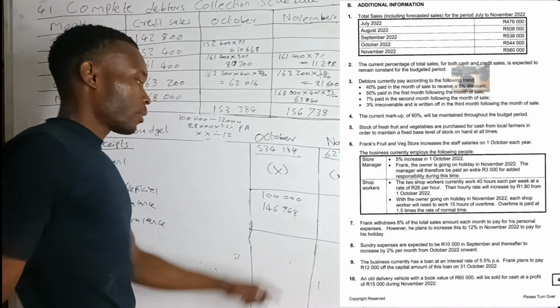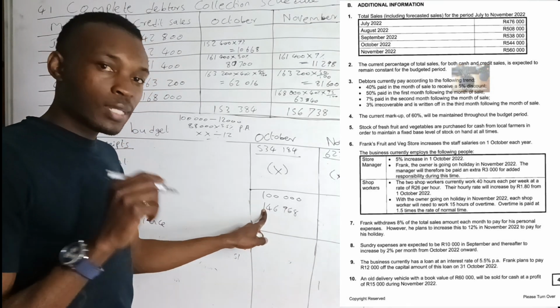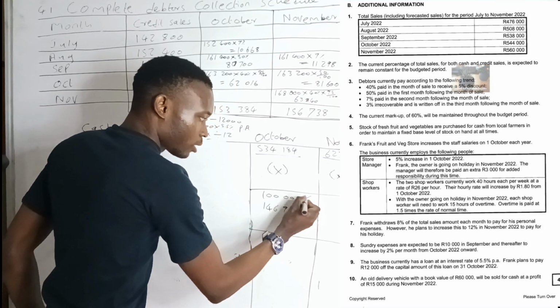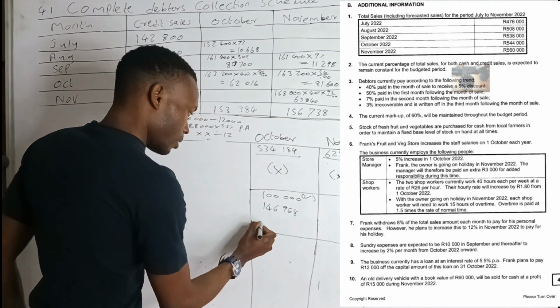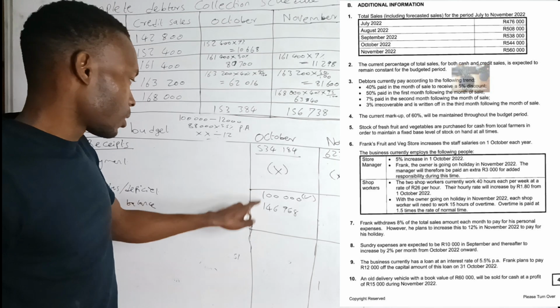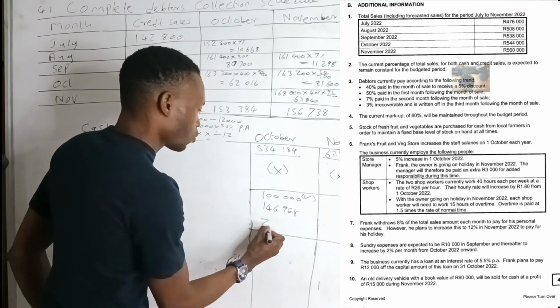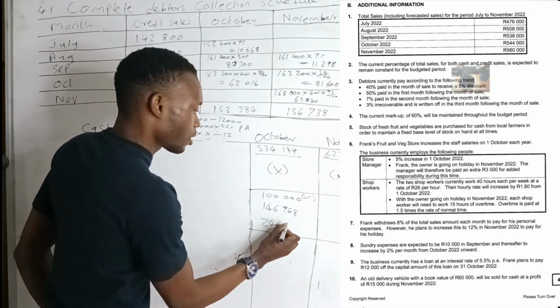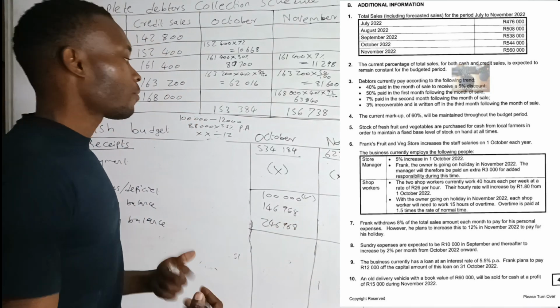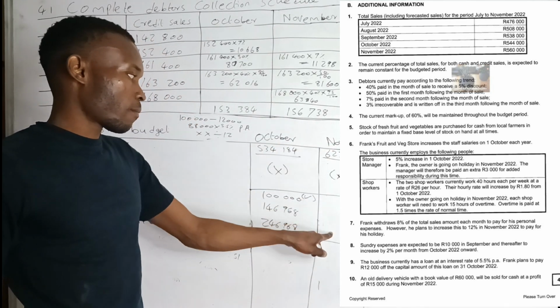Guys, this amount, you have to write it exactly as it is. There's no method mark. Method mark is only here and here, because to get this closing balance, of course, you have to add these two, which is going to give you 246,968.